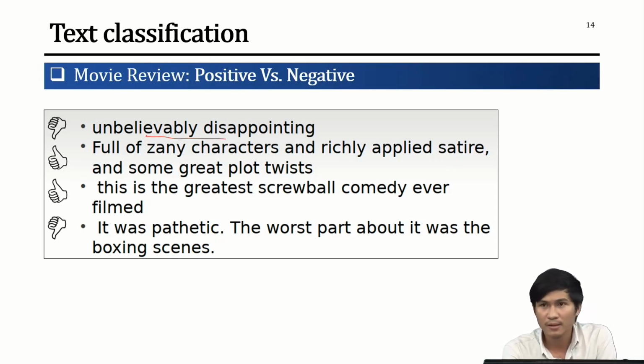So we see the term disappointing here, which is giving a negative impact, right? And the second point, full of zany characters and richly applied strategy and some great plot twists. As we can see, we have the word great. So normally great is in the group of positive information.